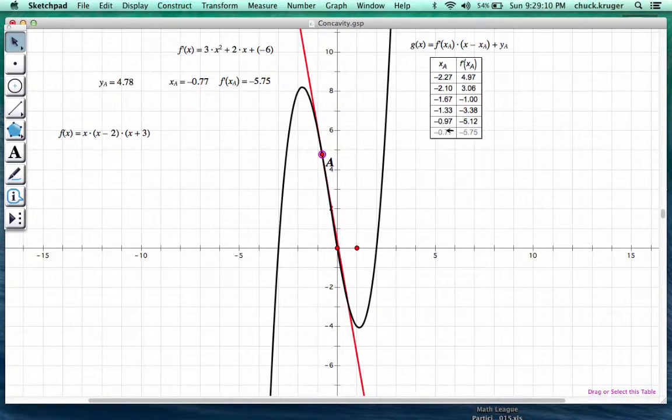Here I'm at a positive, now I'm at a negative. And now watch what happens here. See if I can slow it down. More negative, more negative, more negative. Yeah, still getting more negative.